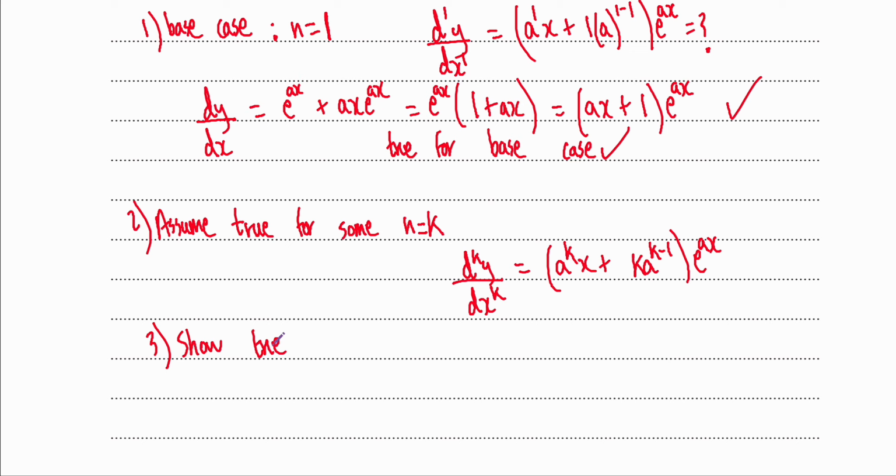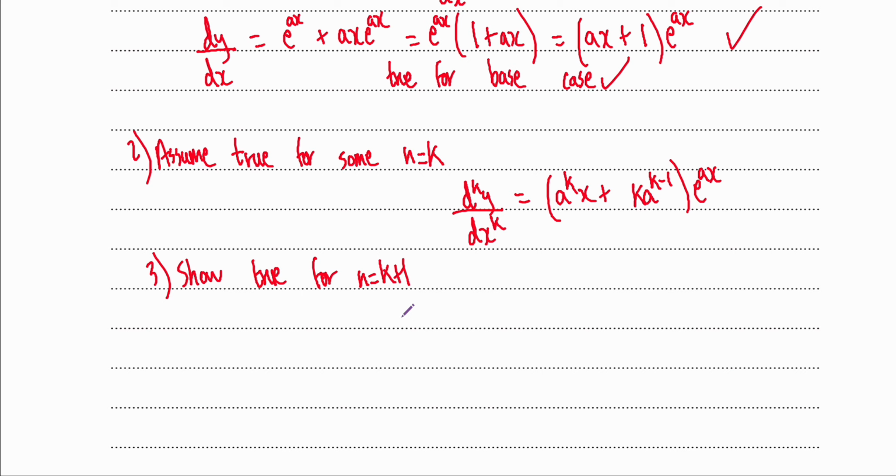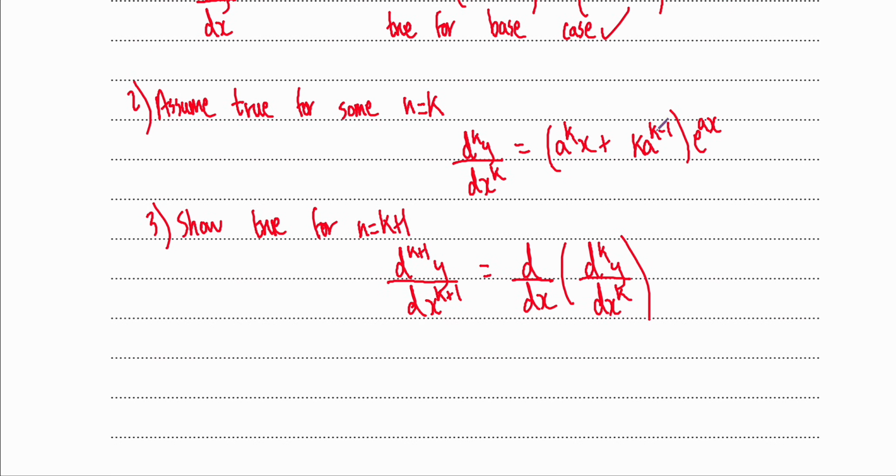Now this is of course the difficult part. Show true for n equals k plus 1. So when n is equal to k plus 1, we have d^(k+1) y over dx^(k+1), which is actually equal to d/dx of d^k y by dx^k. So what we're actually going to do is take the derivative of this thing right here.